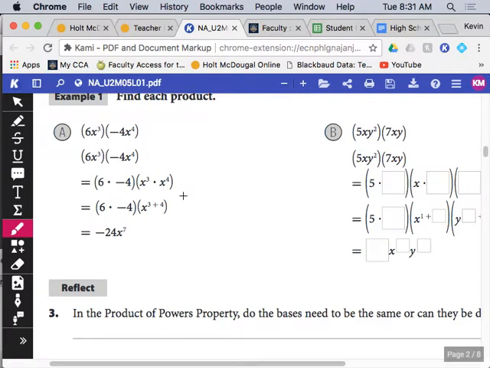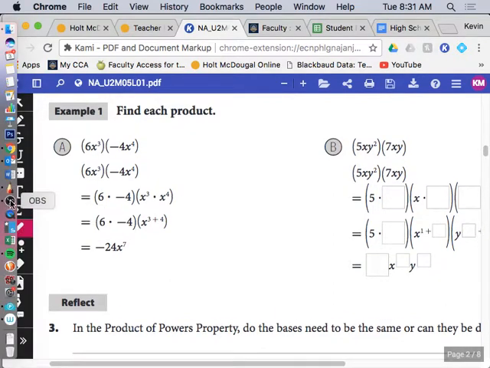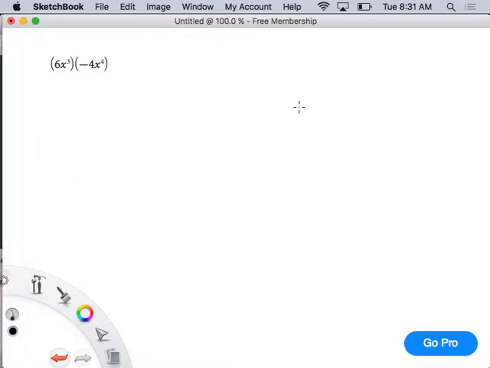So at the middle of page 170, example 1a is where we're starting. And it's already worked out in your book, so you can just follow along. But the point is, first I determine the sign. It's positive times a negative, so that's negative. 6 times 4 is 24. And then you multiply the 2 variables here, x cubed times x to the 4th. Now, when I'm multiplying 2 terms with the same base, what do I do with the exponents?